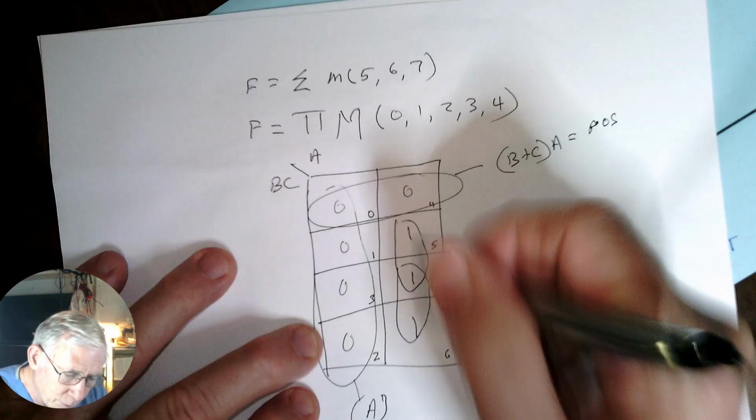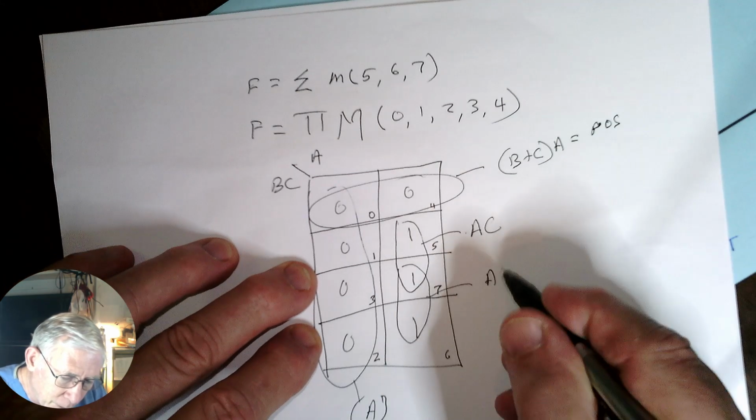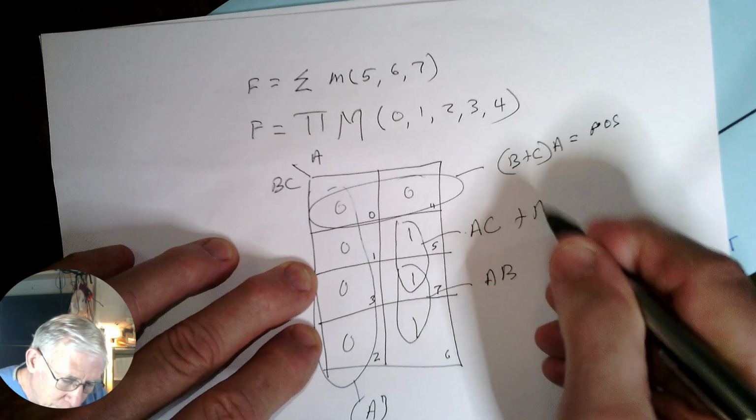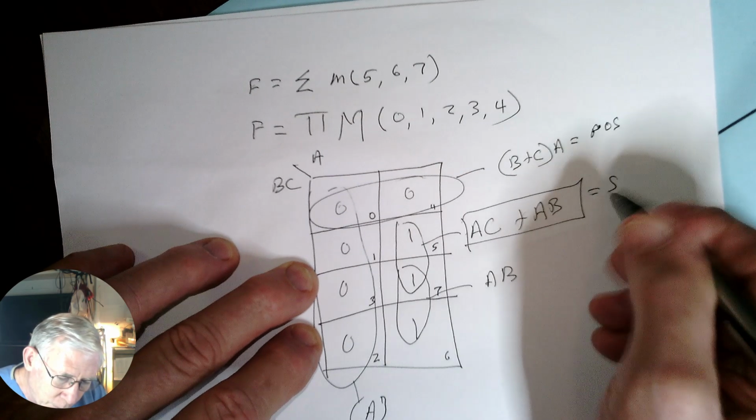And then if you do the 1s, we have AC plus AB. So that is our SOP.